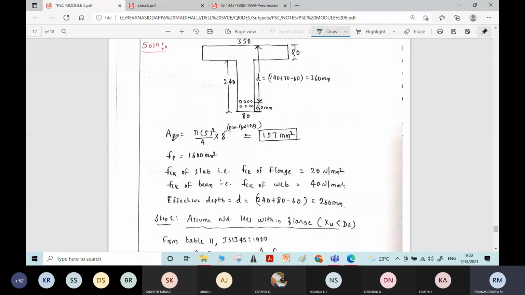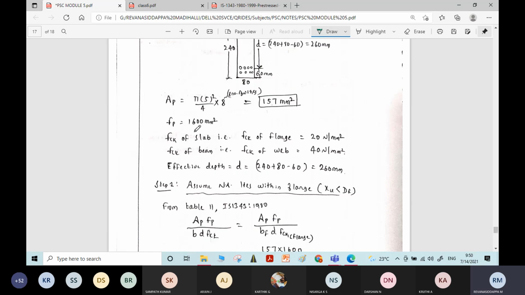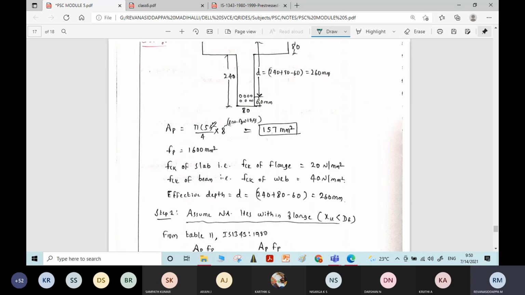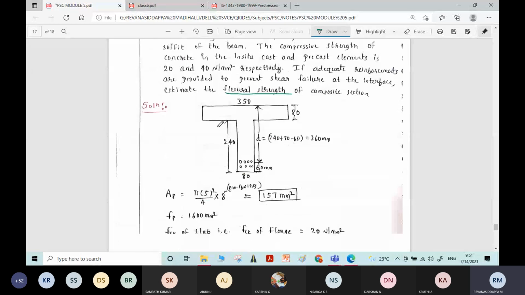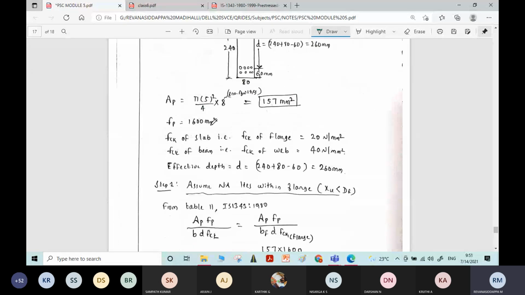For that I have calculated the total area of prestressing steel, Ap, as 157 mm square. Then fp, the ultimate tensile strength, is given as 1600 Newton per mm square. Then fck of the slab and fck of the beam are given.